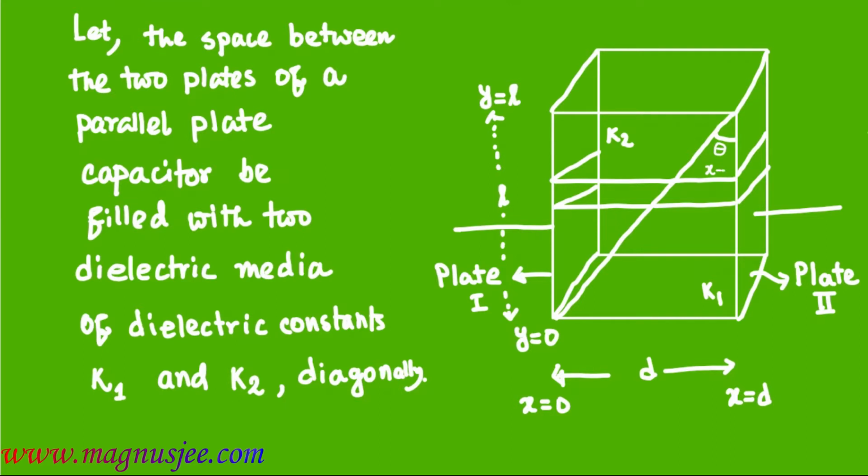Here the horizontal length of the elementary portion of dielectric constant K1 is x, and its height is y, and this angle will again be theta, the alternate angle.